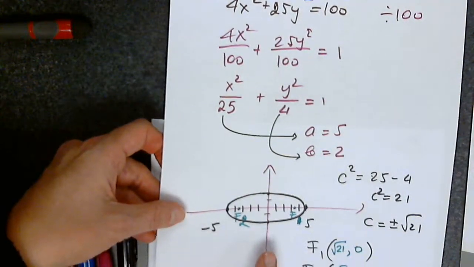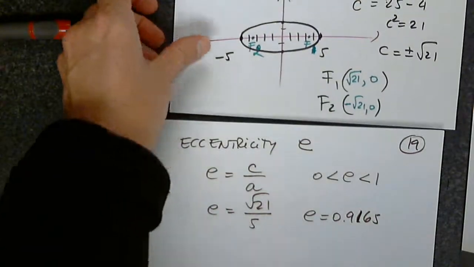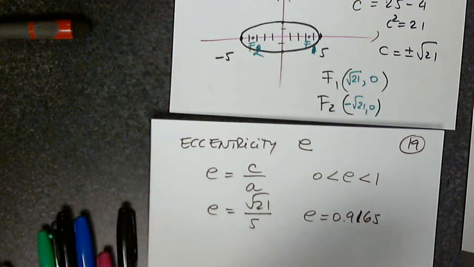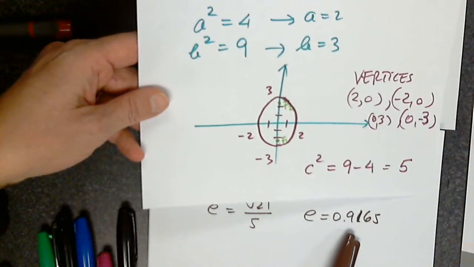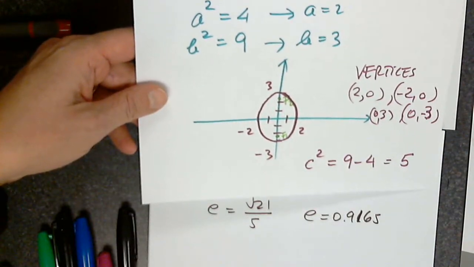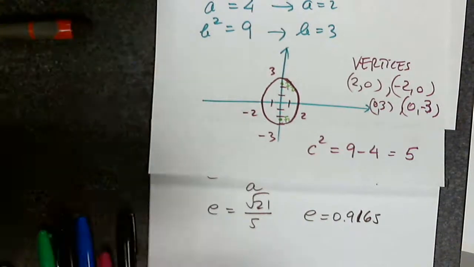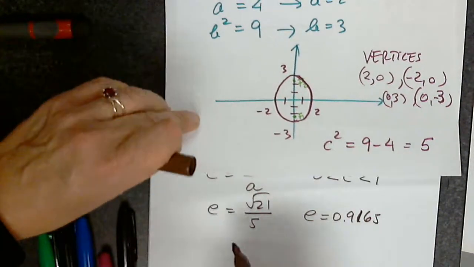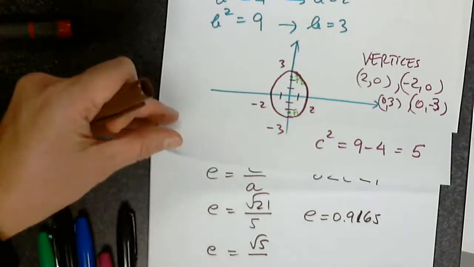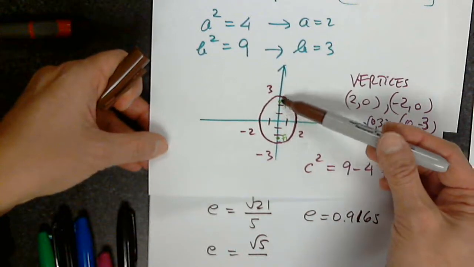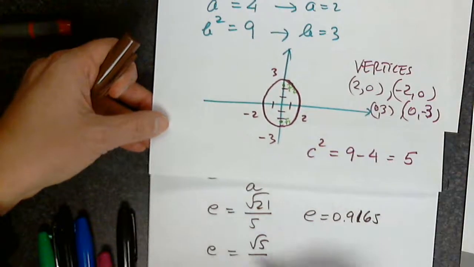Is that true? What about this one? Do you think that this one will have a higher or a lower eccentricity than this one? Lower. Okay, let's calculate it for this one. The eccentricity for that one will be the square root of 5 divided by the major number, which is 3.